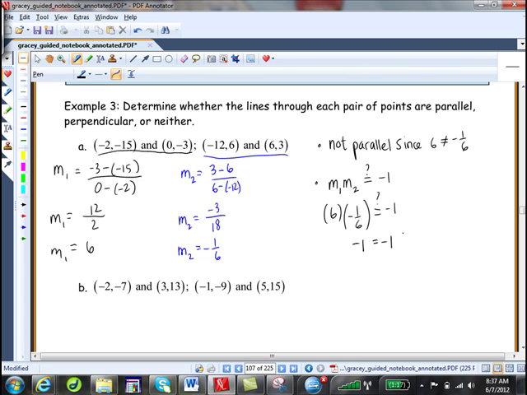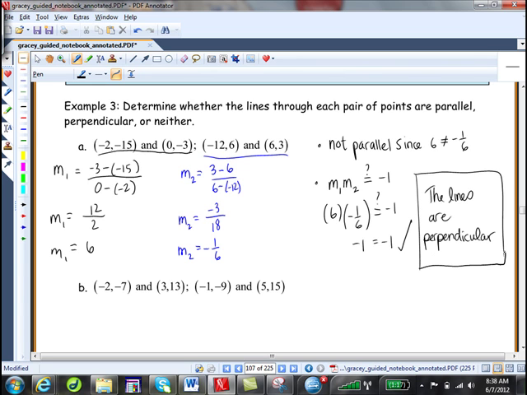Negative 1 equals negative 1, right? So therefore, the lines are perpendicular. Now, if you hadn't gotten either case, then the lines would have been neither, right?